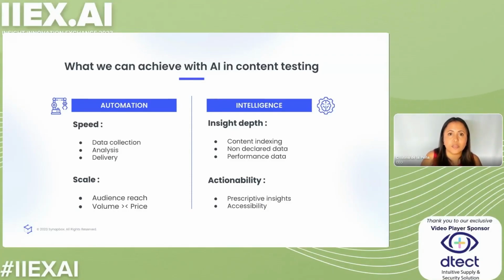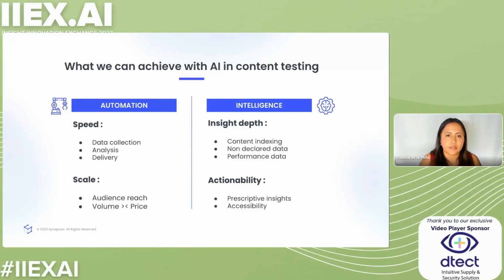In reality, speed needs to be speed towards actionability, towards insight, towards making it easy for me to even brief you on what I need and welcome you into my process. Scale means audience reach, real scalability in terms of who I can test and how I can test them, and also better scalability in the relationship between volume and price, which is super important. And AI can help with all of this. Through automation, we can better leverage all of these factors.